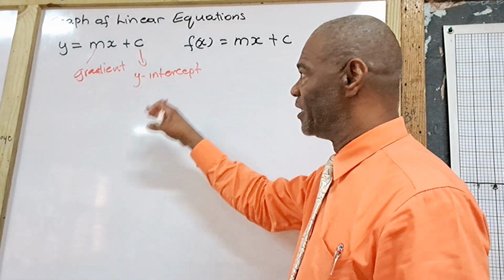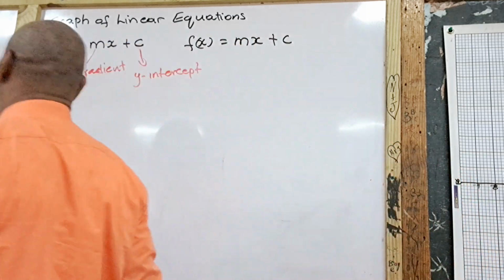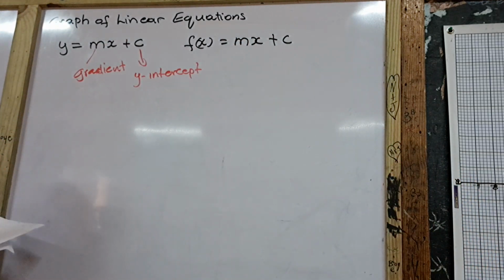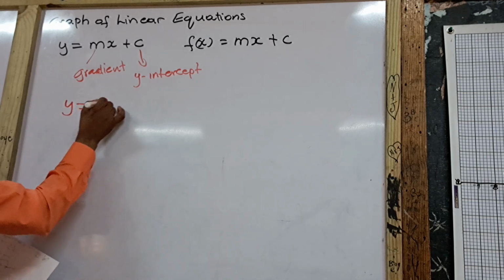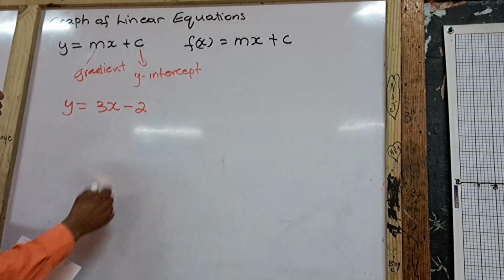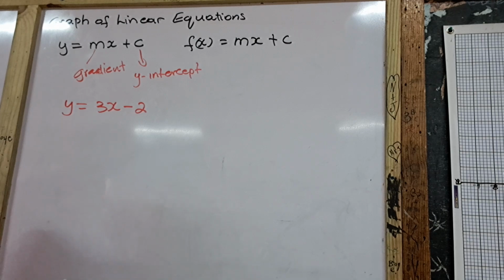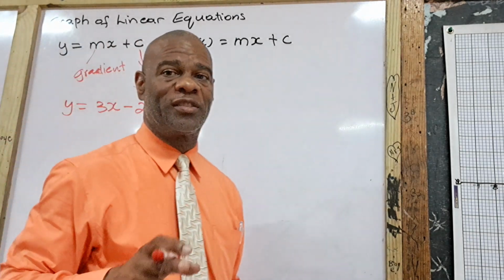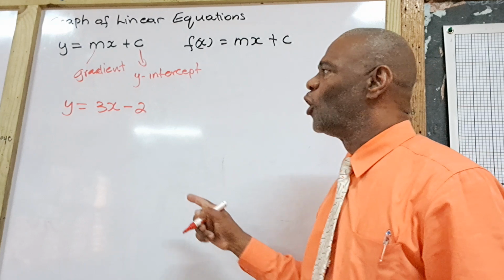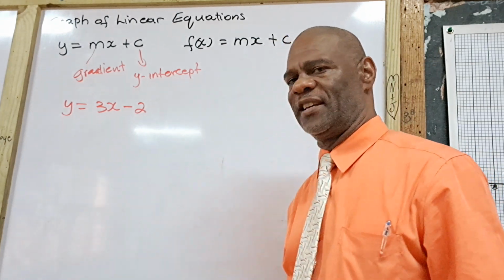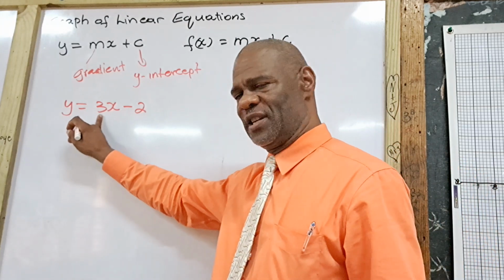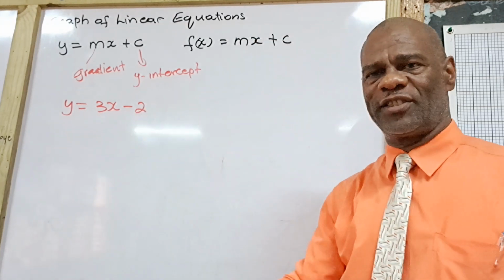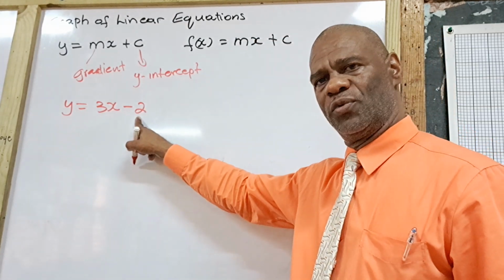So, same thing here. If we write the equation y equals 3x minus 2, what will be the gradient, or the slope of this line? The gradient would be 3, and the y-intercept would be negative 2.